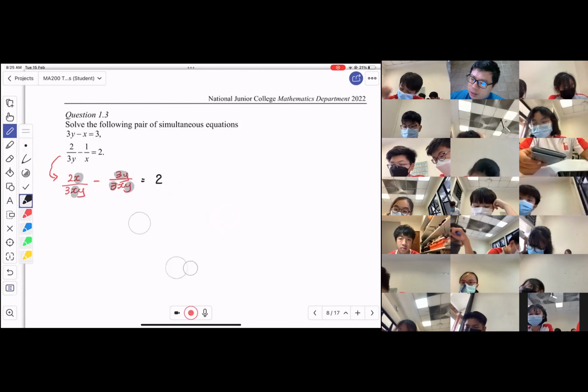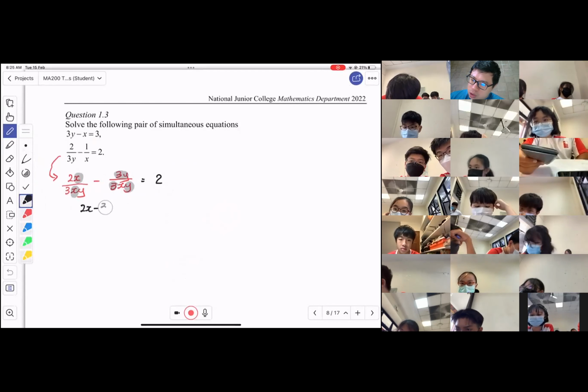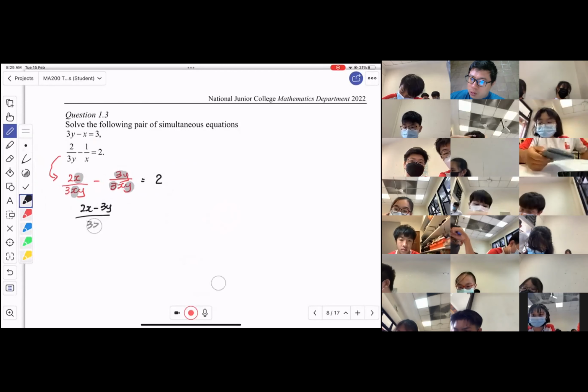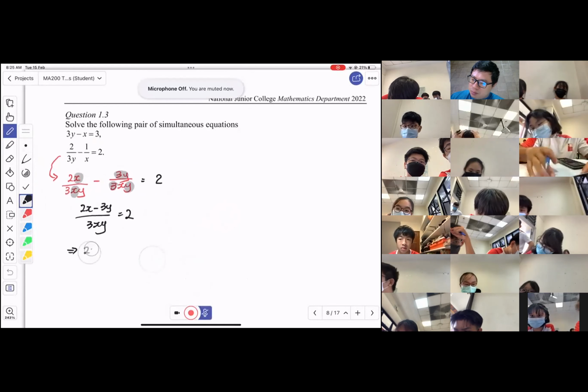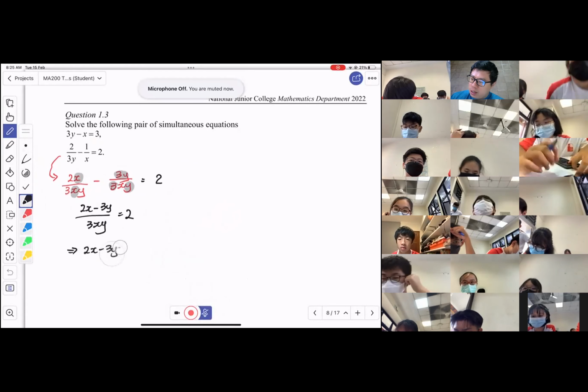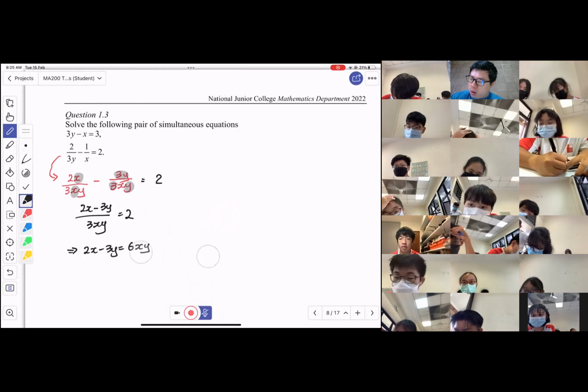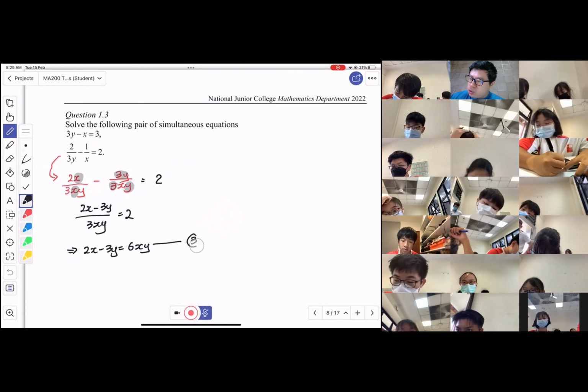After that, this is the same as 2x minus 3y over 3xy equals 2. Now cross multiply, this is the same as 2x minus 3y equals 6xy. So you can call this equation 3.